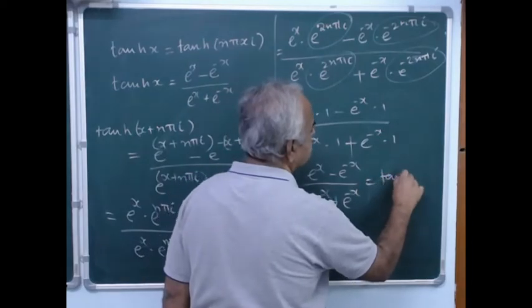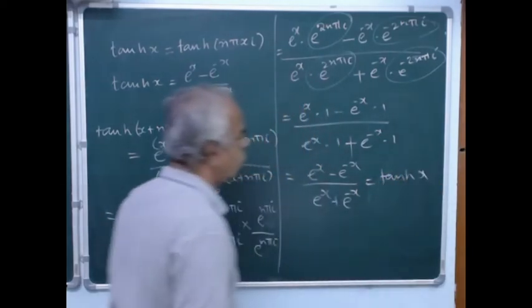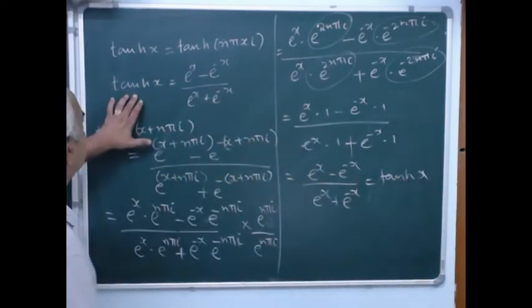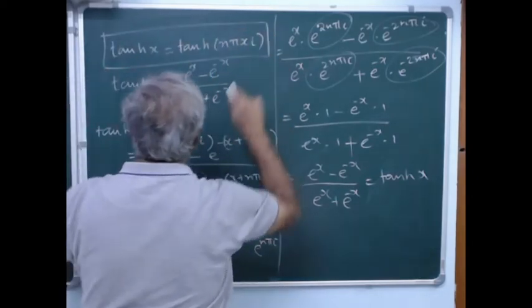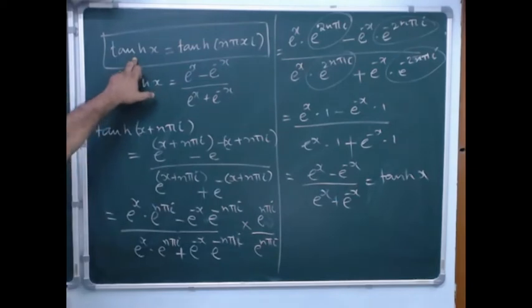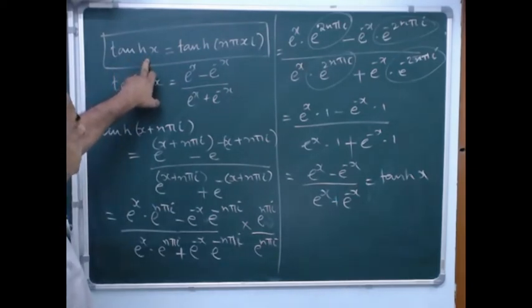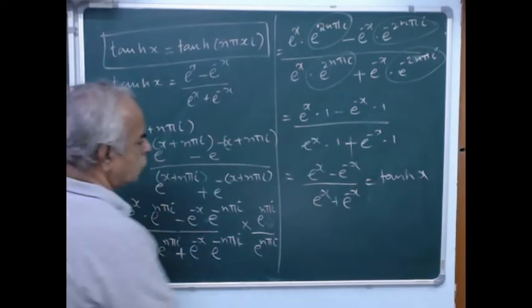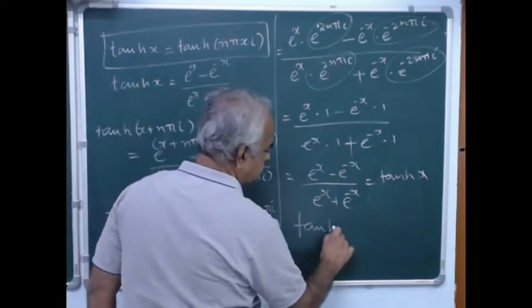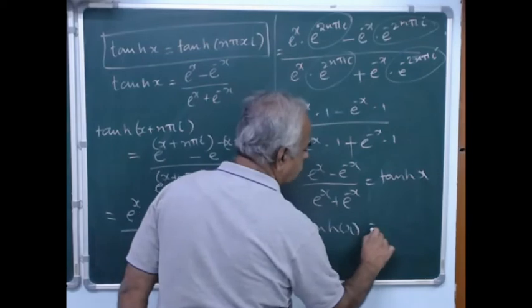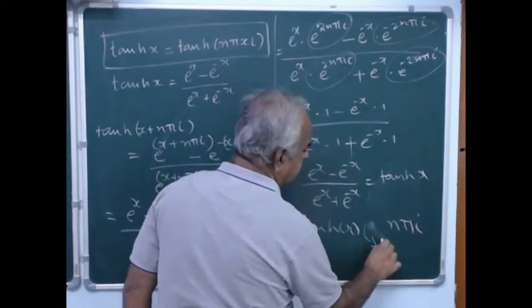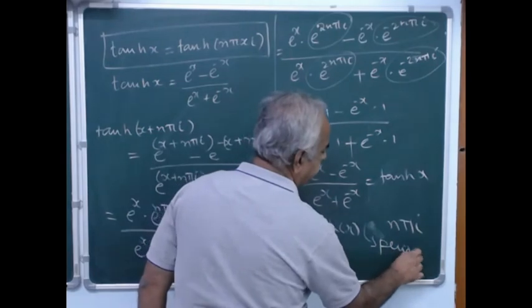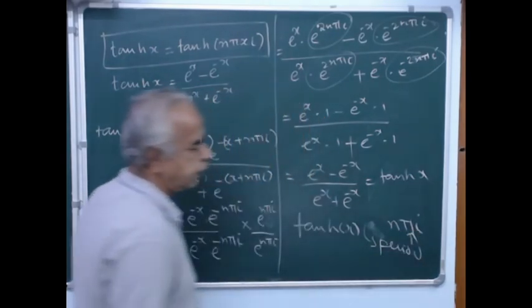This is nothing but tan h of x. Okay, so it means we have the proof that tan h is periodic. Okay, so here what is its period? Its period is n pi i. So tan h function has a period of n pi i.